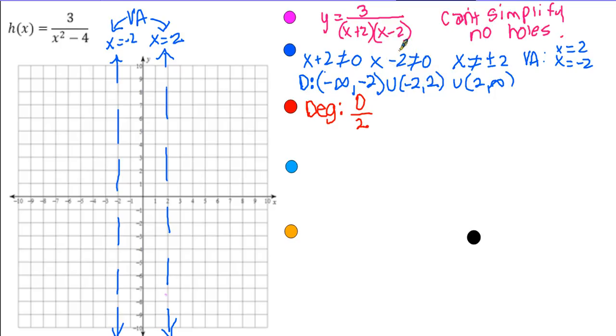Because the domain restriction had 2 deniers. So if I were to write a statement with those, I would say 0 is greater than, less than, or equal to 2. Less than. So since it's a less than statement, we know, therefore, that our horizontal asymptote is y equals 0 per our instructions.